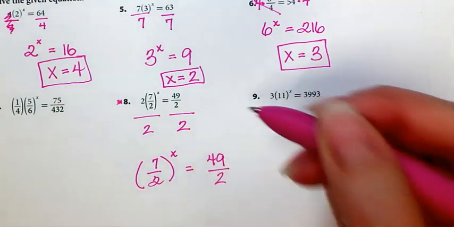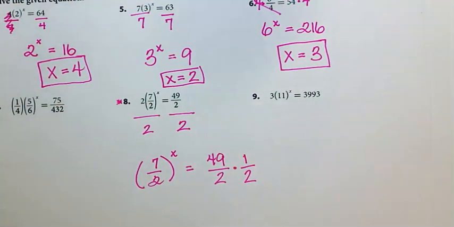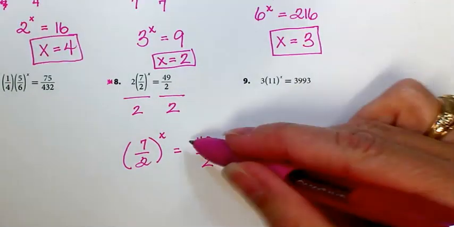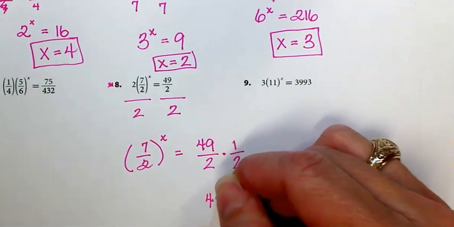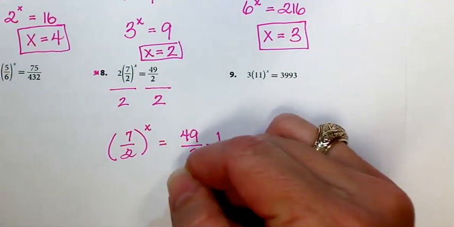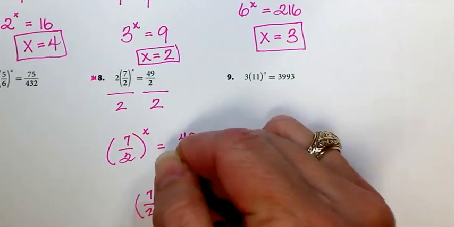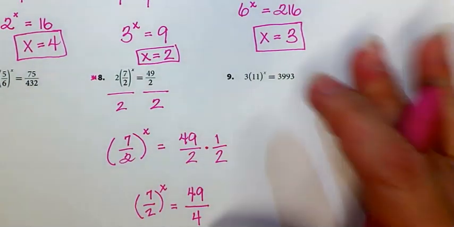Guys, dividing by 2 is the same as multiplying by 1/2. Okay, so when it's all said and done, over here, I really have 49 over 4, and that is equal to 7 over 2 to some power.